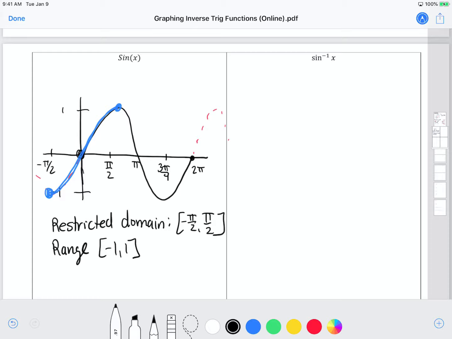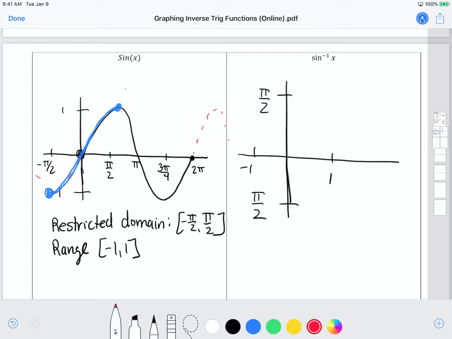So now when we switch our x's and y's to get the inverse, so this point right here on sine is the point pi over 2, 1. This is, of course, 0, 0, and then this is, of course, minus pi over 2, negative 1.